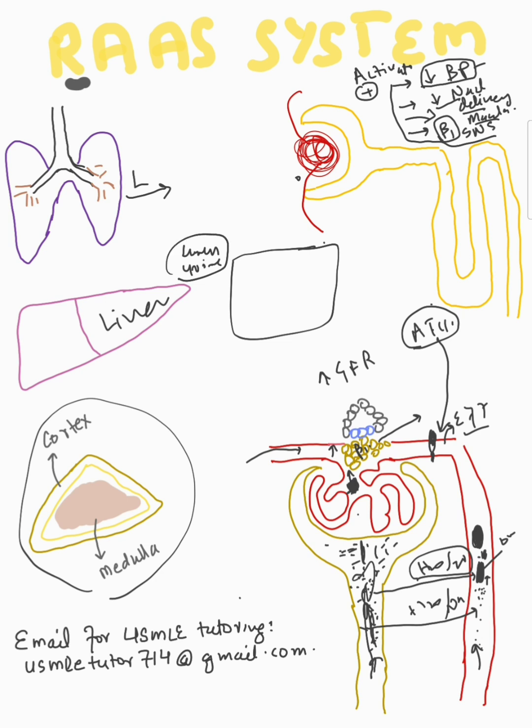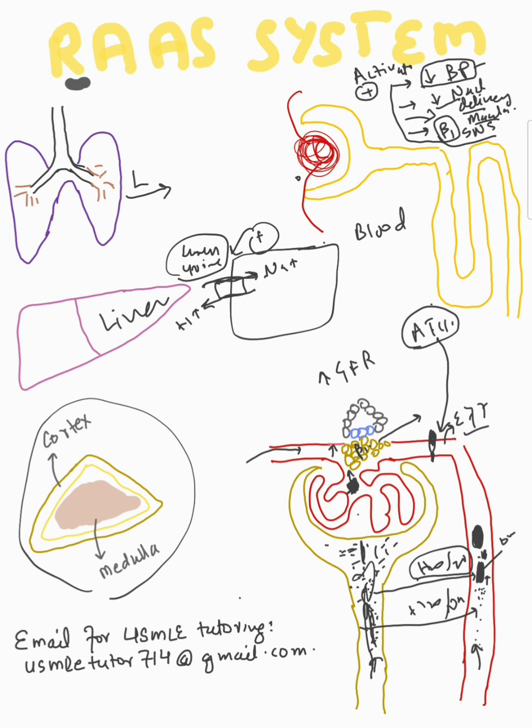This is the urine, this is the cell of the nephron, and this is the blood where reabsorption occurs. Here we have an exchanger, the sodium-hydrogen exchanger, which puts the sodium in and gets the hydrogen out. Remember, this is activated by angiotensin.